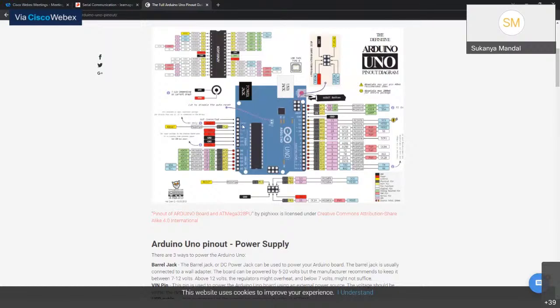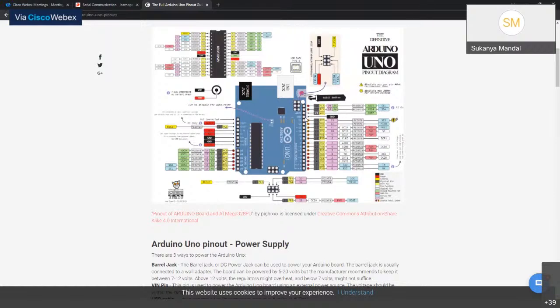Then you have the voltage pins. This is a reset pin. This is an IO input-output reference pin. This is a 3.3 volt pin, 5 volt pin, then ground. Then you have another ground, and this is the Vin. Then we have a series of analog pins, which are also used for other modes of communications.